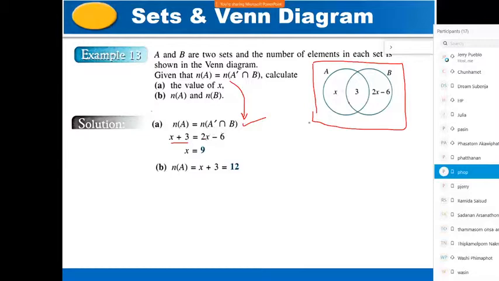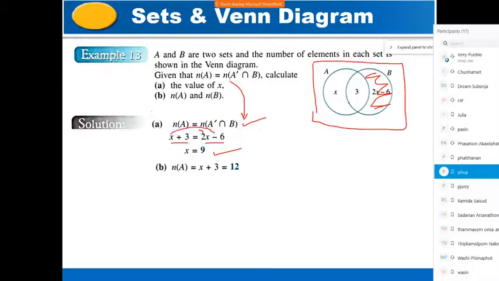Okay, what is the number of A complement intersect B? This is the A complement intersect B: outside of A, which is inside of B. So it is 2x minus 6. Because this is the given equation, x plus 3 equals 2x minus 6.